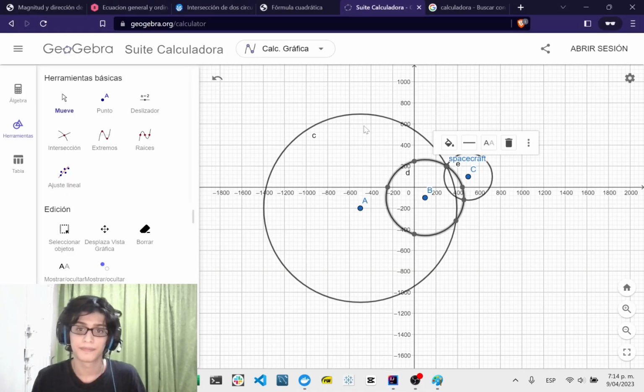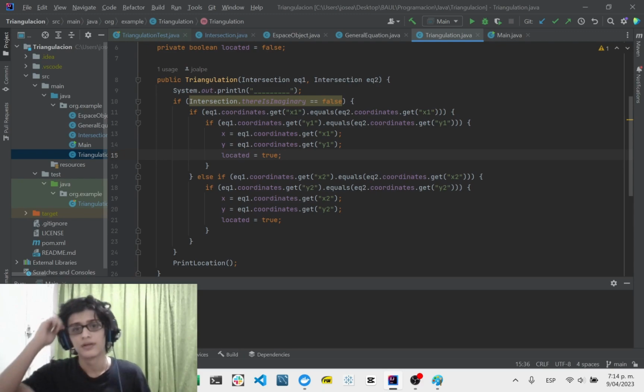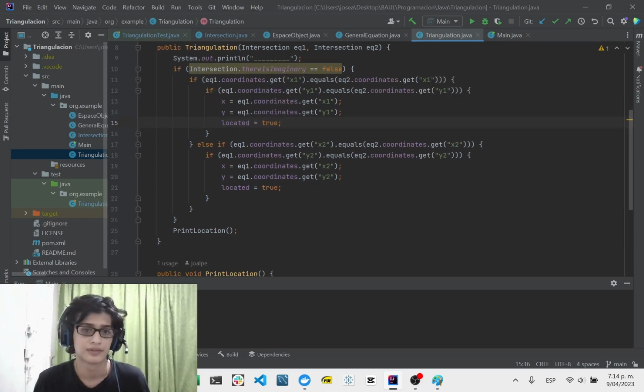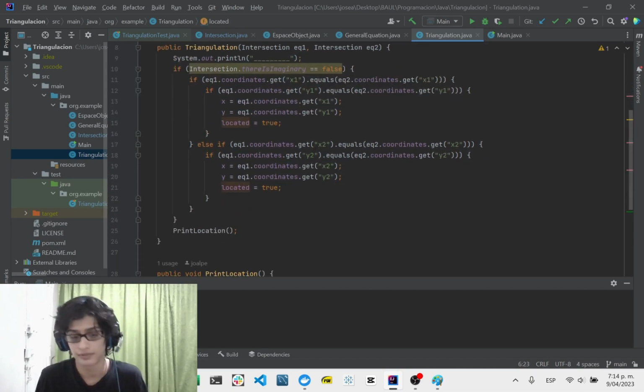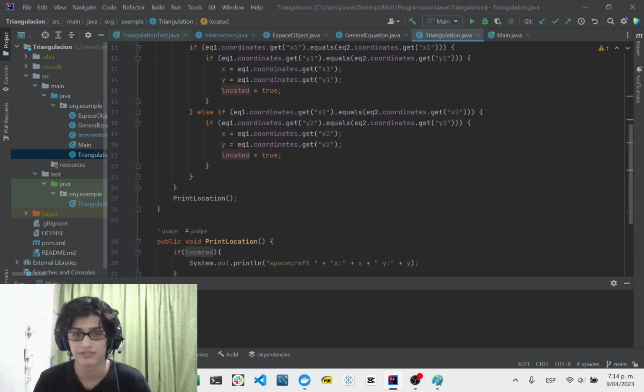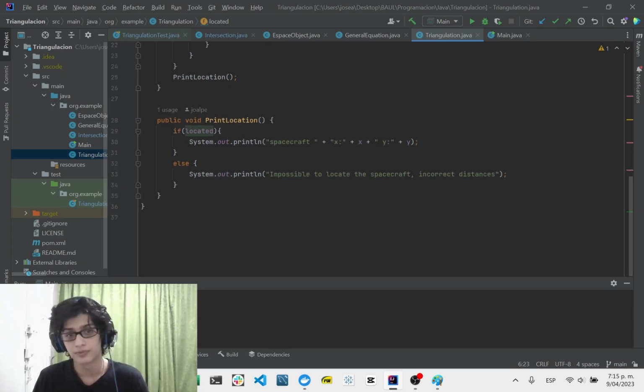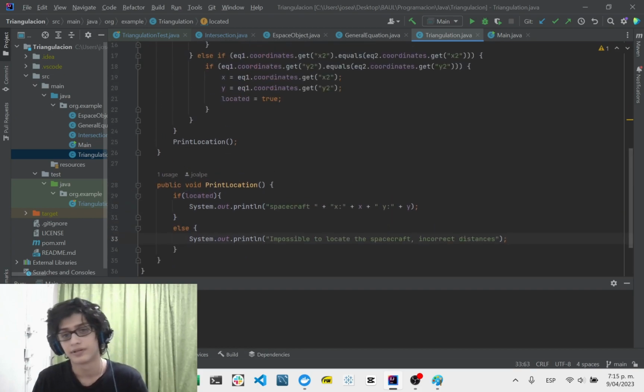If it doesn't find similar coordinates, it's going to put locate false because it was impossible to locate the spacecraft, and I'm going to print the same incorrect distance.